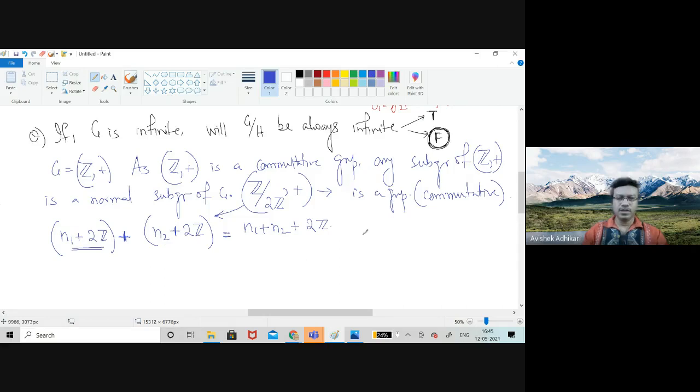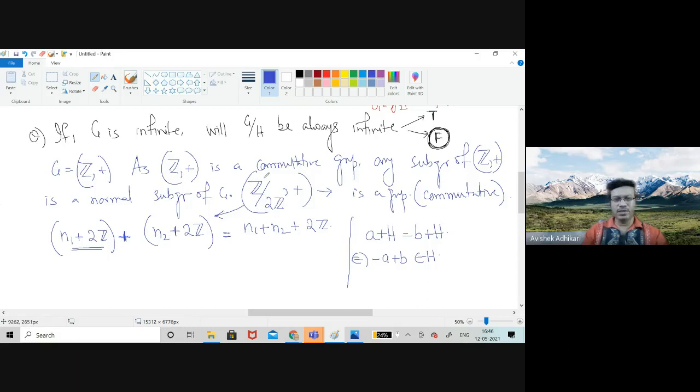Okay, now the question is how many elements does it have? Just now we have seen that A plus H equals B plus H if and only if A inverse B belongs to H, that is, minus A plus B belongs to H. Okay, now how many elements does it have? Any idea?